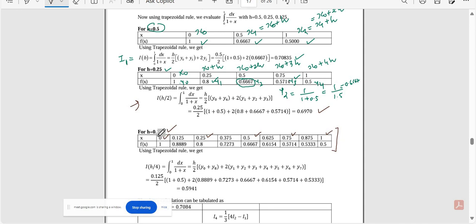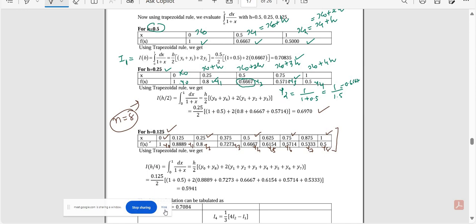So you can see y0, y1, y2, y3, y4, y5, y6, y7 and y8. Why did this happen? Because we are considering n equal to 8 in our example.